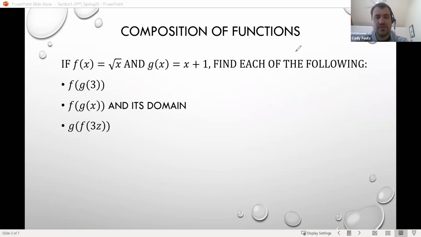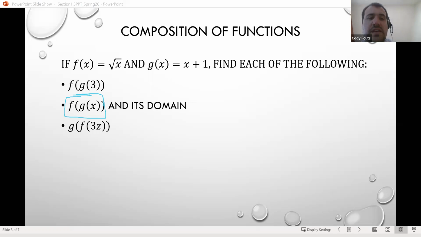All right, I'm going to clear my drawings here, and now let's look at this next one, the f of g of x. Now notice what is different here is that this time they have not given us a value for x. So we just have f of g of x, but we can still deal with this the same way we dealt with the last one.